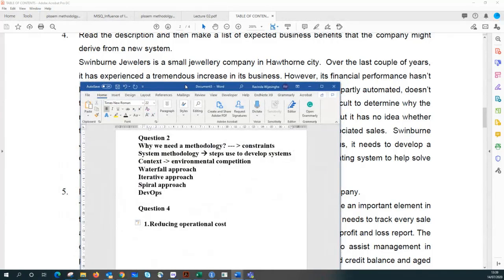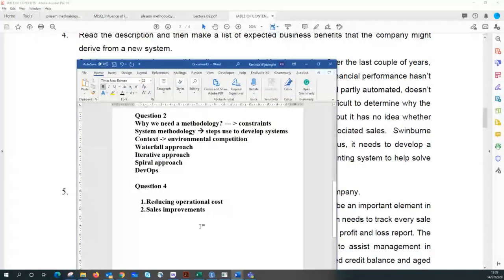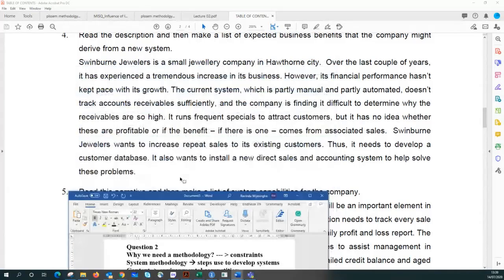And then the second part is we can improve sales. So how are we going to improve the sales? Basically, because if you have a customer database, we can easily target each individual customer based on their buying patterns, isn't it?